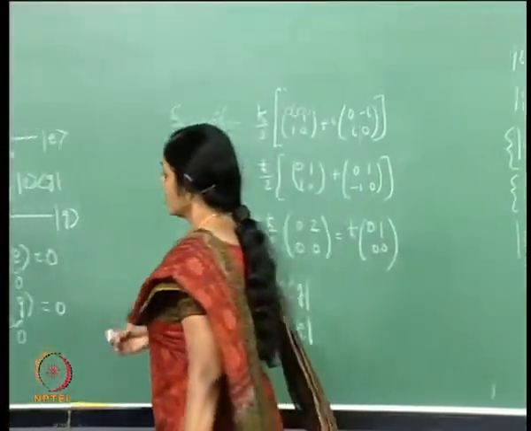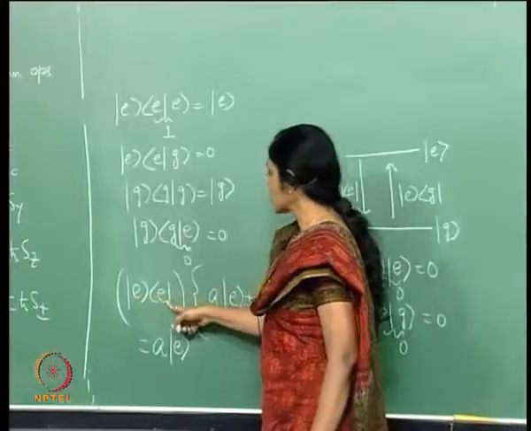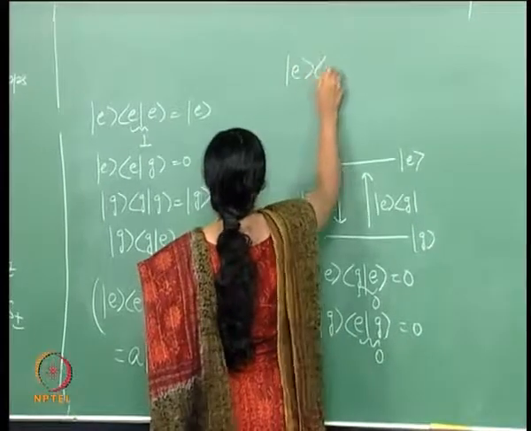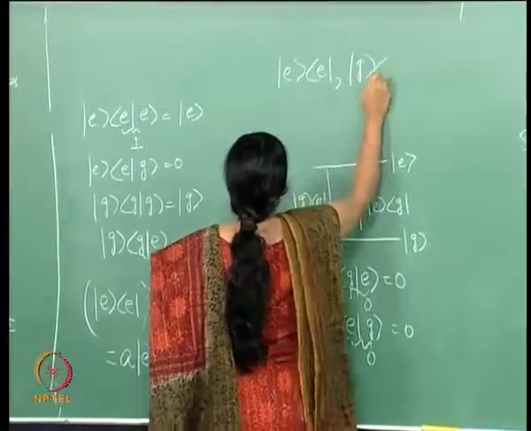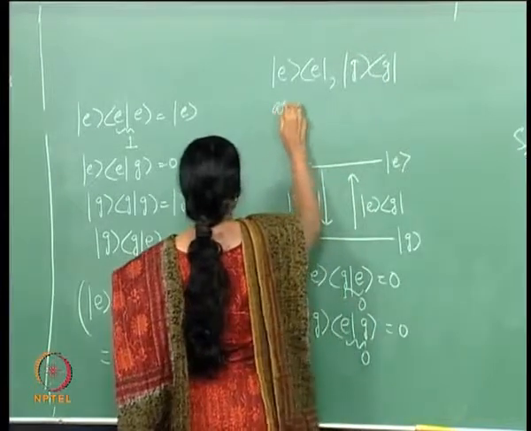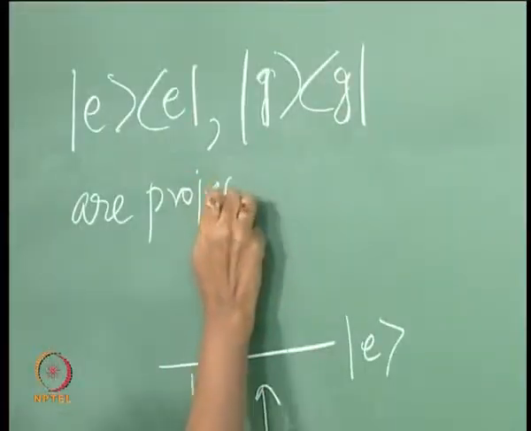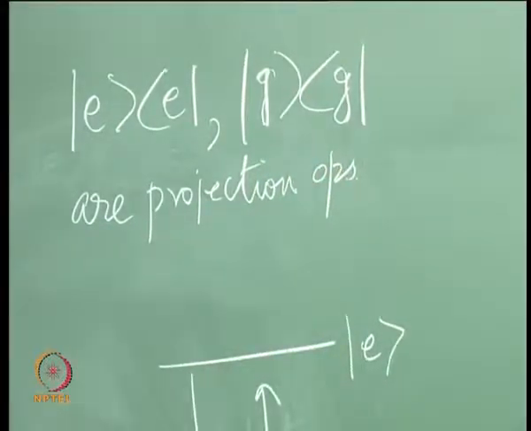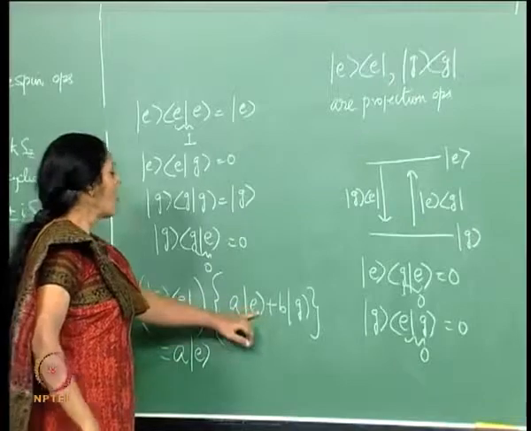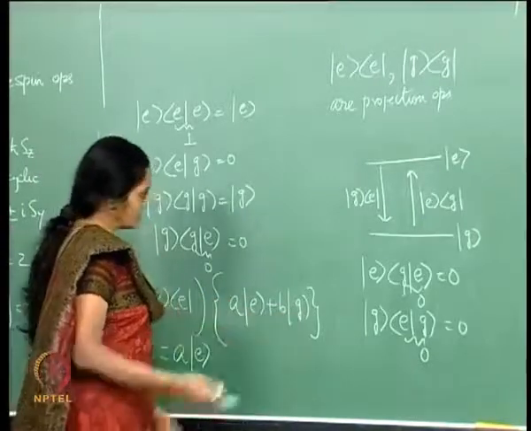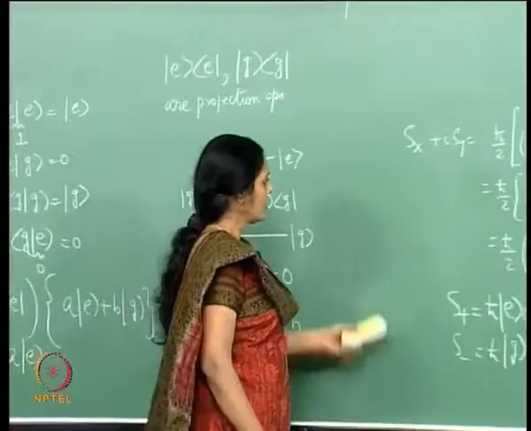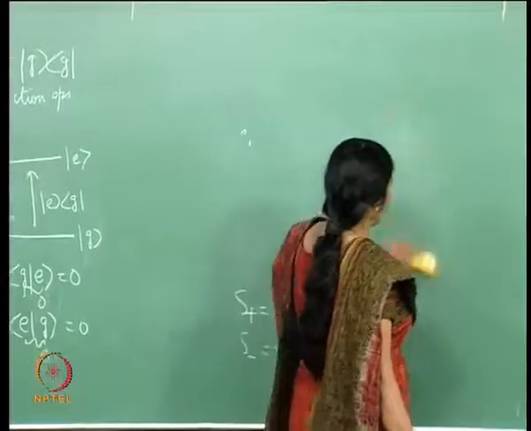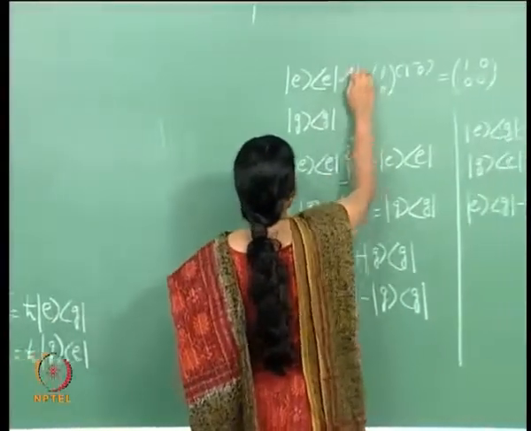In other words, this is a projection operator, and I have identified |e><e| and |g><g| as projection operators which project a generic state in the direction of ket e or ket g, depending on which operator is used. So these are the projection operators. So now we know what exactly these two do.